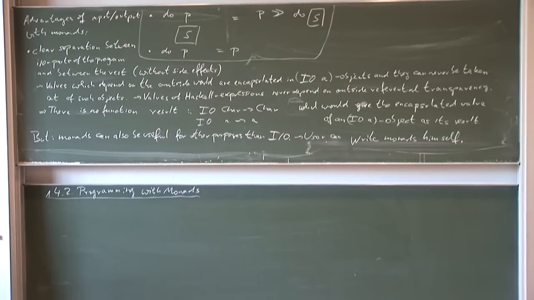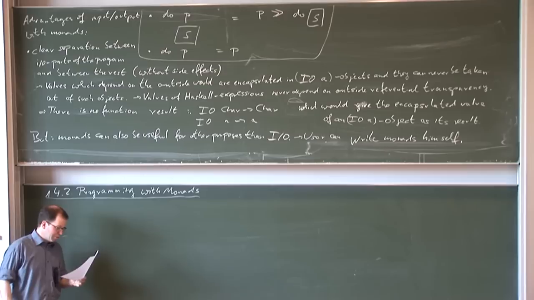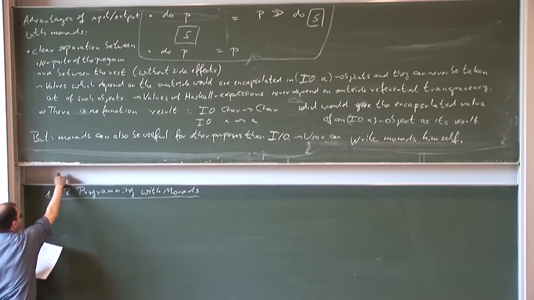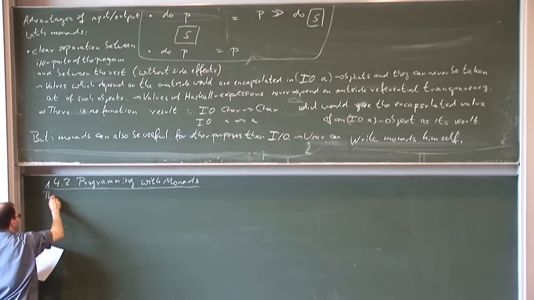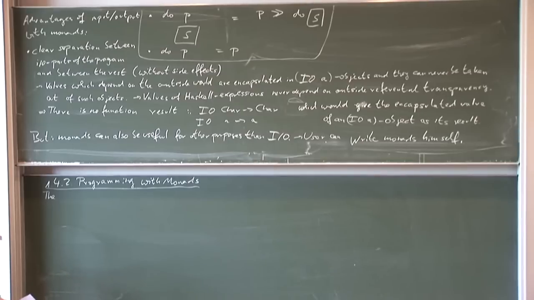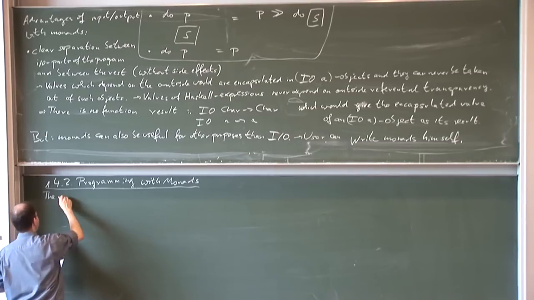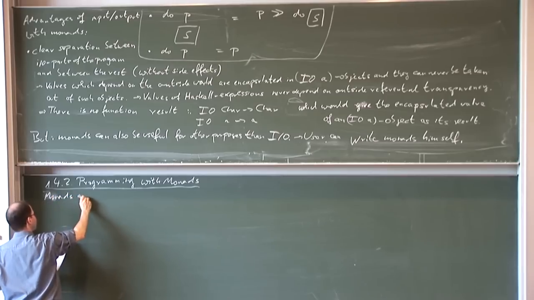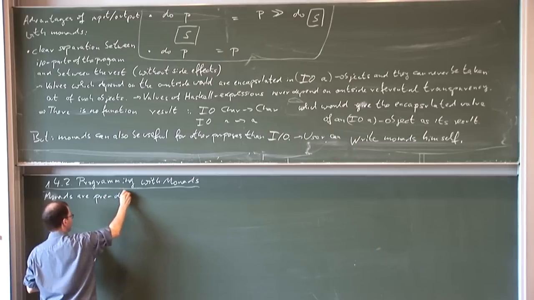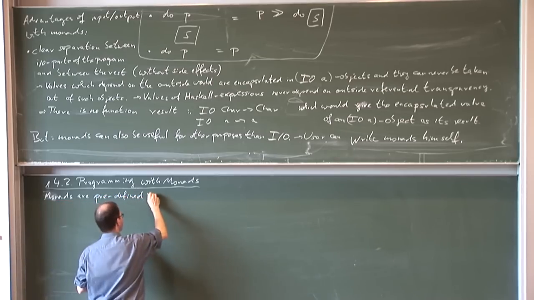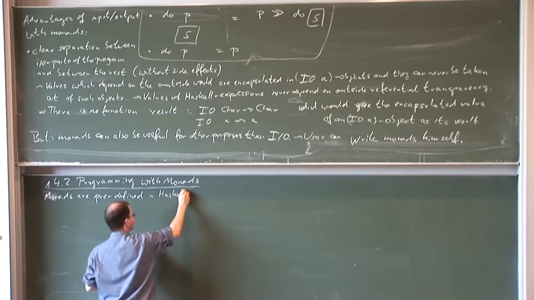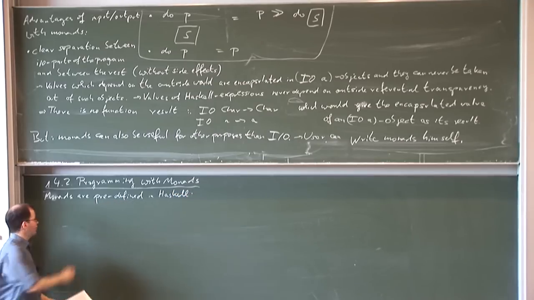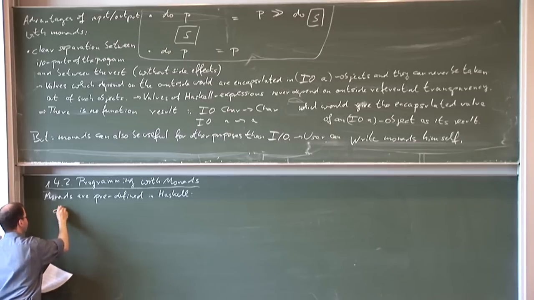And now, as I promised, I will tell you what monads really are. We have just seen one single example of a monad, namely this I/O. But what monads really are, I didn't really tell you. A class for monads is predefined in Haskell. So monads are defined via a class, a class Monad.